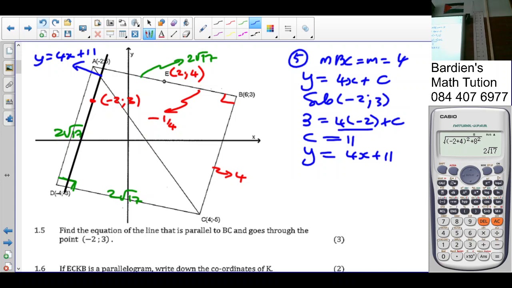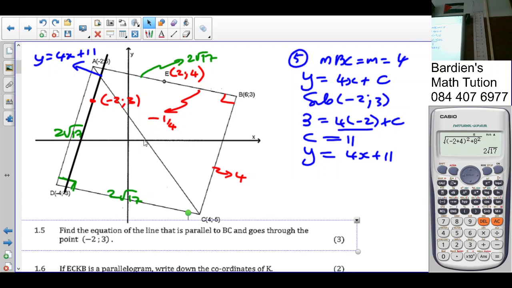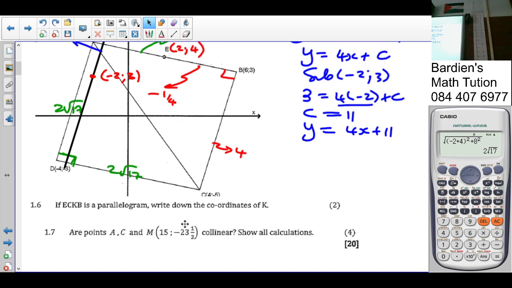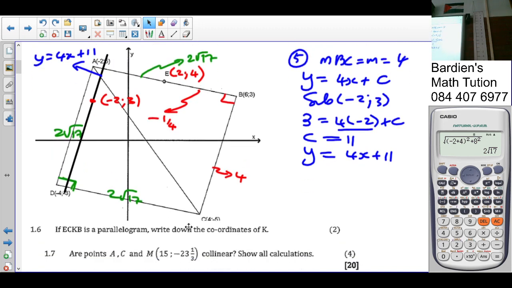The next question says, if ECKB is a parallelogram, EC, is that not the C there?